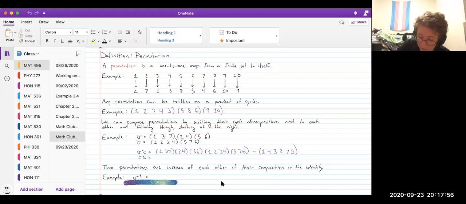The inverse has to do backwards everything that sigma does. It's actually pretty easy to come up with, because you just need to do the whole thing backwards. So instead of sending 1 to 7, you have to send 7 to 1.